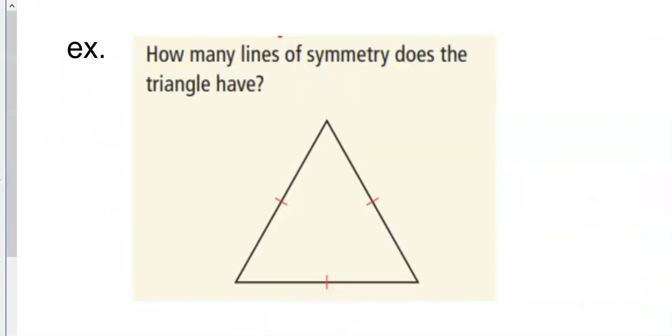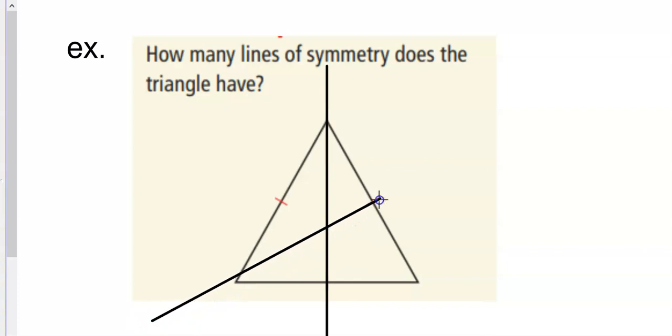All right, how many lines of symmetry does this triangle have? Okay, and again, you should be able to draw a line here where you fold one side of it onto the other side, and that lines up exactly. So hopefully you guys see that there is one just straight through that vertex there, and it would also work going through these vertices. That one's a little off.